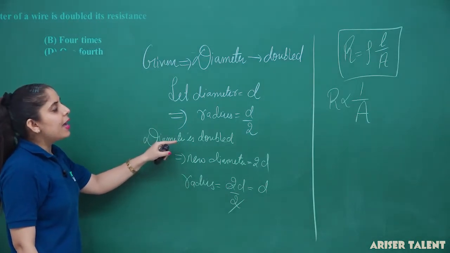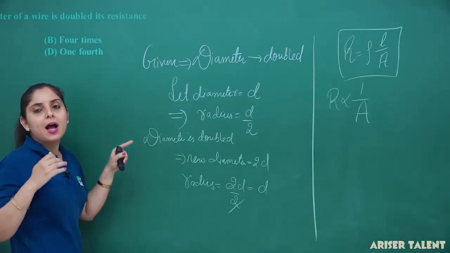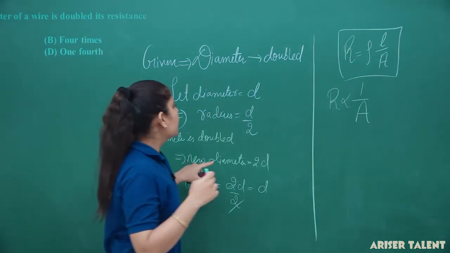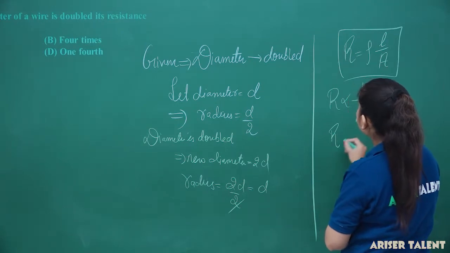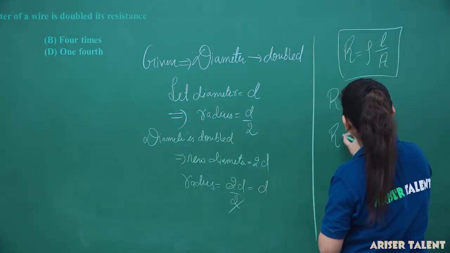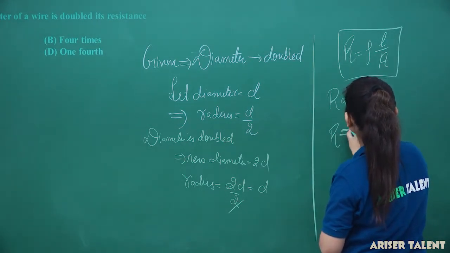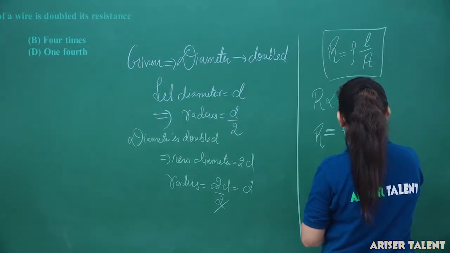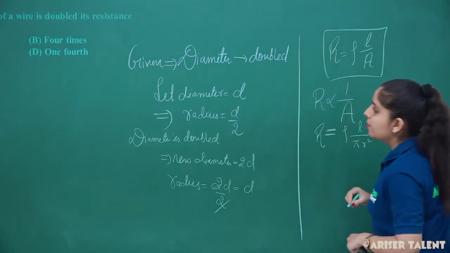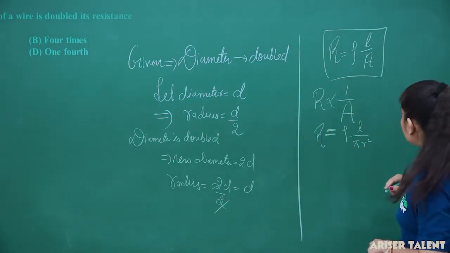If you double the diameter, the resistance will remain half of that part. So, in this case, if I am calculating the previous resistance, it will be rho L upon pi r square.